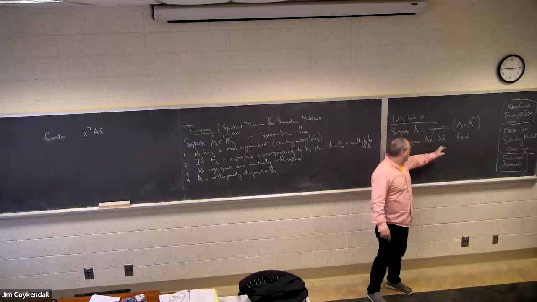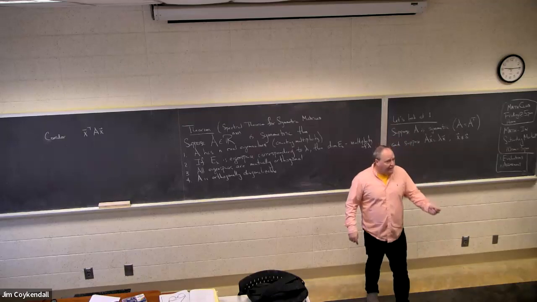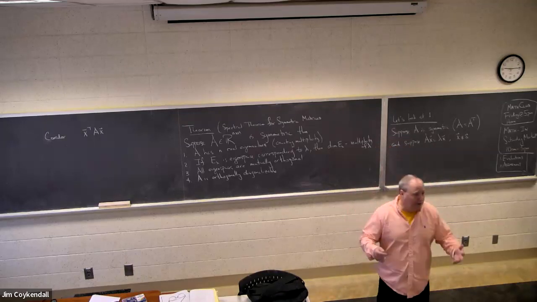So lambda doesn't necessarily have to be real. It might be complex, right? And the eigenvector doesn't necessarily have to be real. It might have complex entries in it as well.